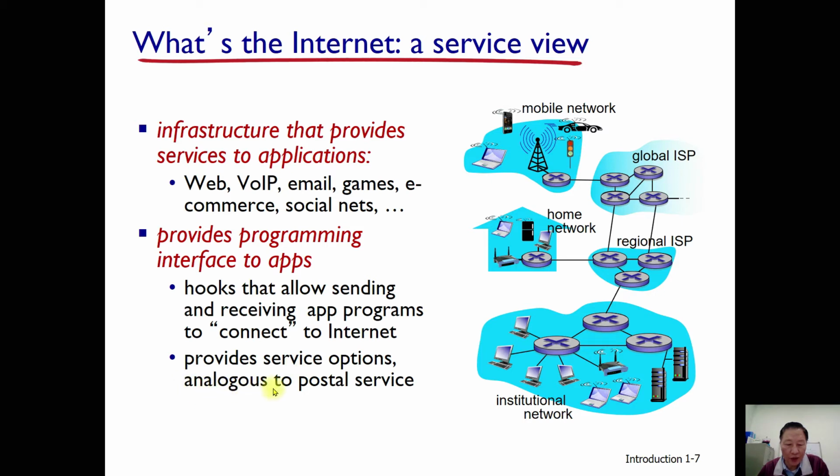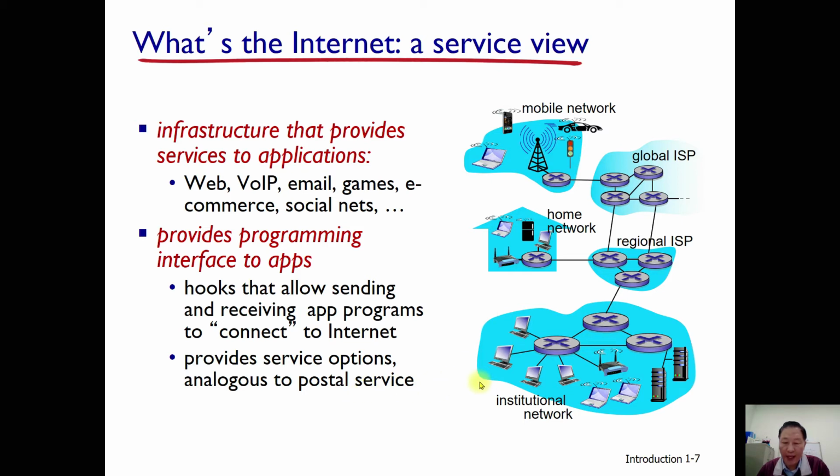This one is analogous to postal service. If we consider some analogous example, it is easier and simpler to understand how internet technology is working. Think about postal service.